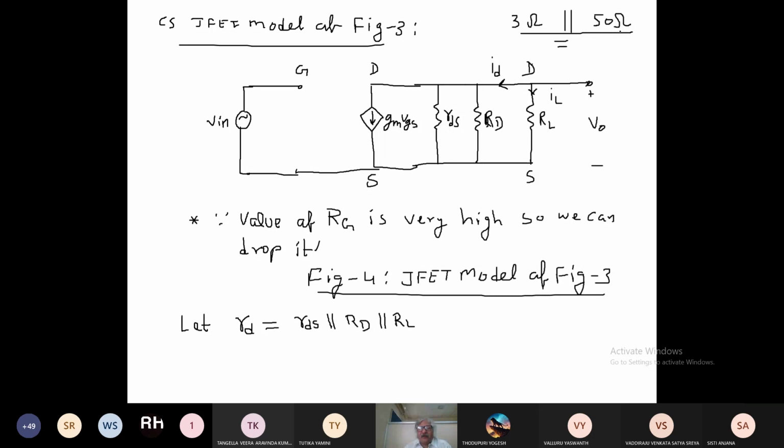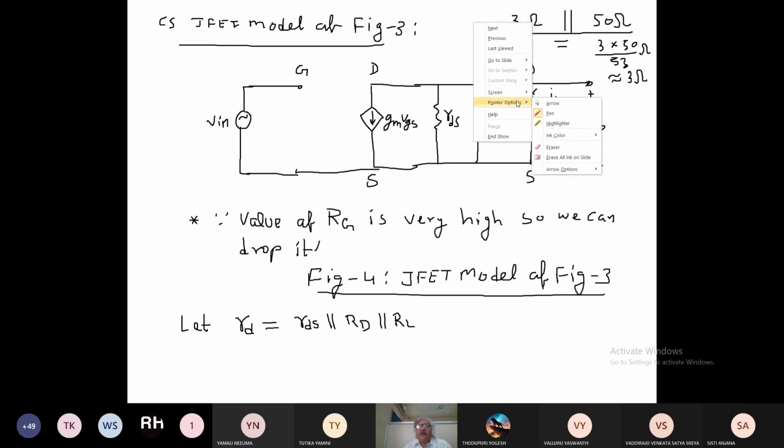Students, if two resistances are connected in parallel, the parallel combination value will be near the lower resistance. 3 into 50 divided by 3 plus 50, 53 ohm. So it is approximately near to 3 ohm, somewhat lower than the lower resistor.